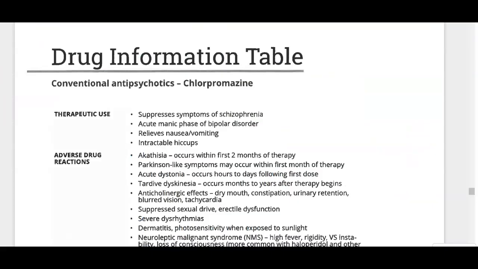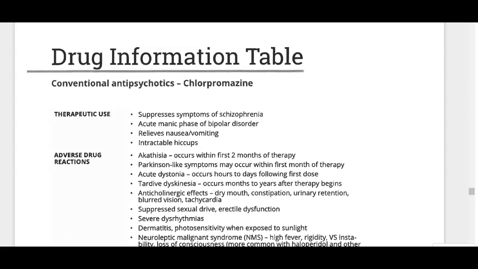Okay, so the conventional antipsychotics are used to suppress the symptoms of schizophrenia. It can also help treat the manic phase of bipolar disorder. It relieves nausea and vomiting, and if you guys remember, Phenergan, also called promethazine, is the generic.